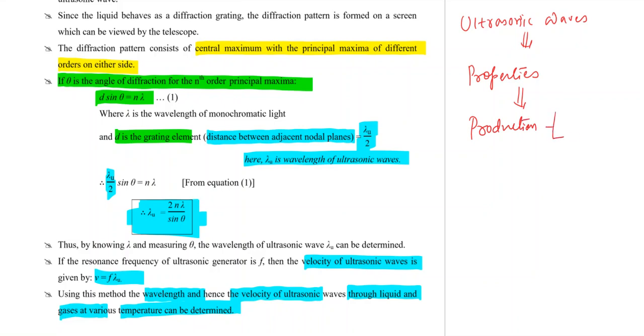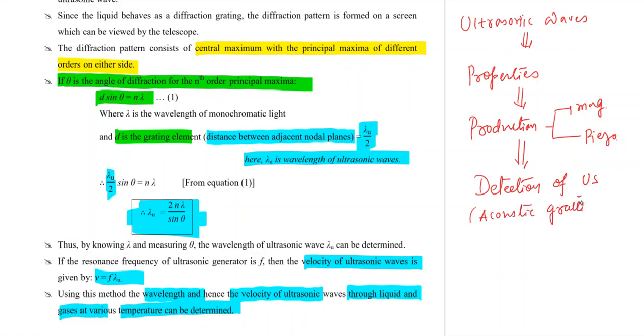In these production techniques, we have two generators, magnetostriction and piezoelectric generator. After producing the ultrasonic wave, there is one major problem: how can we detect the ultrasonic waves? So there is the detection technique, detection of ultrasound waves, and in this we discussed the acoustic grating technique.